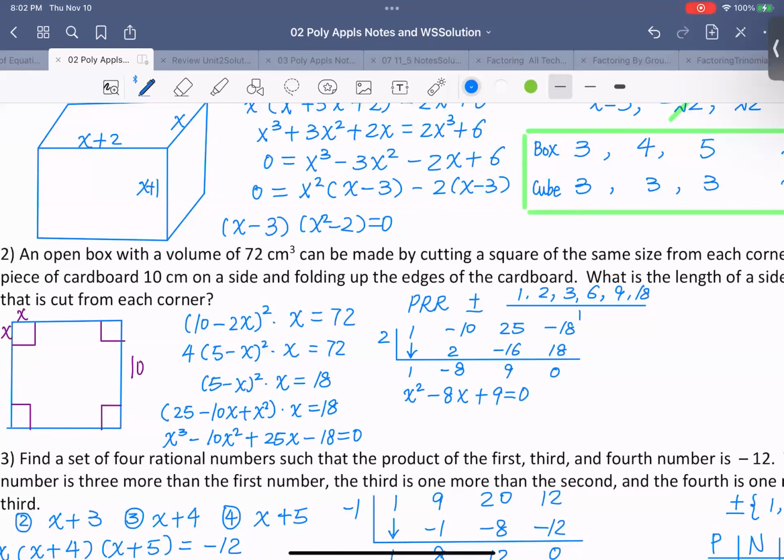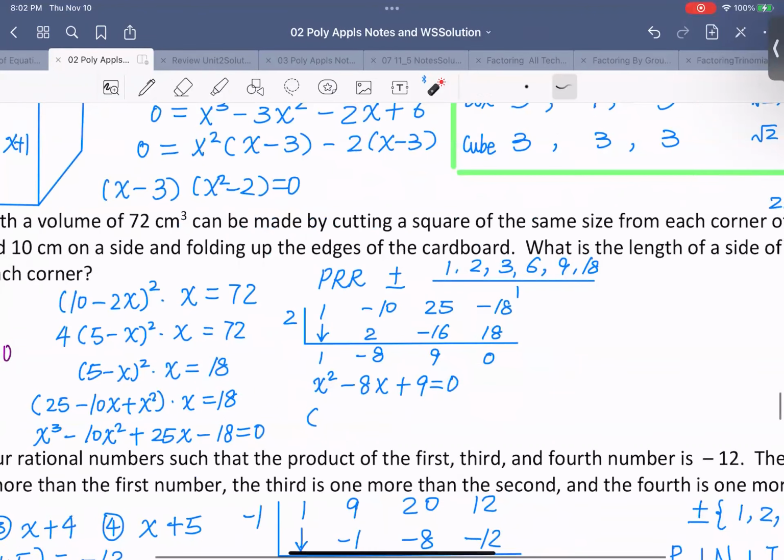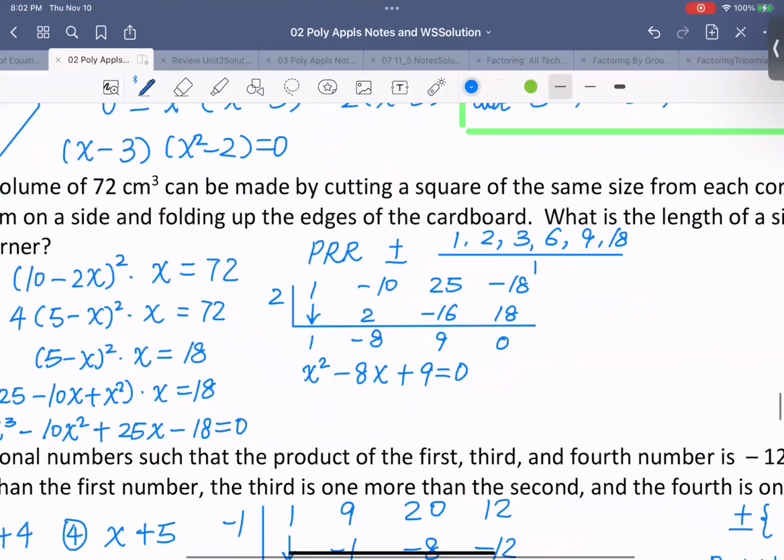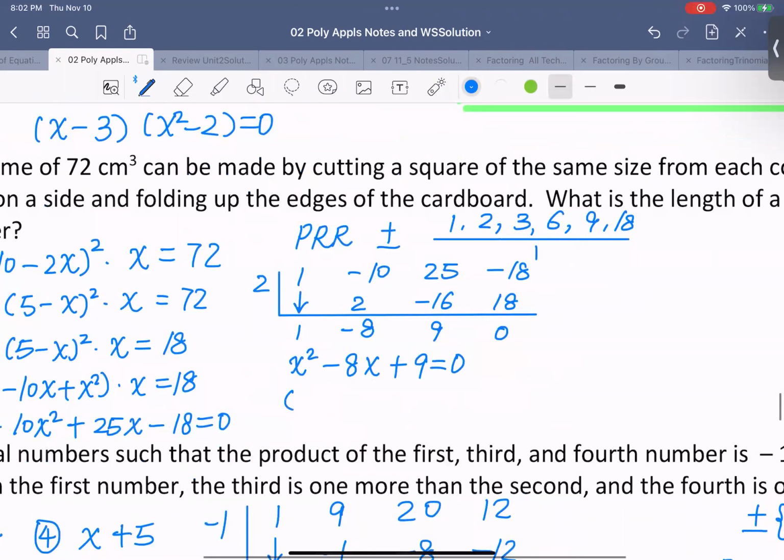Complete the square. Sure. So no, hold on. This one we will do the quadratic formula, right? This is not factorable, right? Yeah, you can do complete square, but I think both ways can work actually. If you want to try complete square, let's do it. How do you want to complete the square?